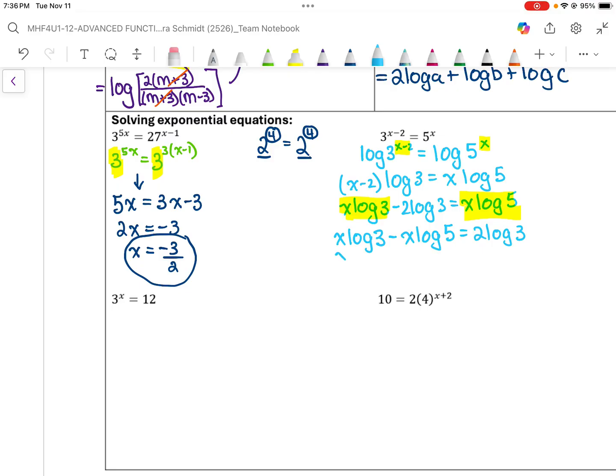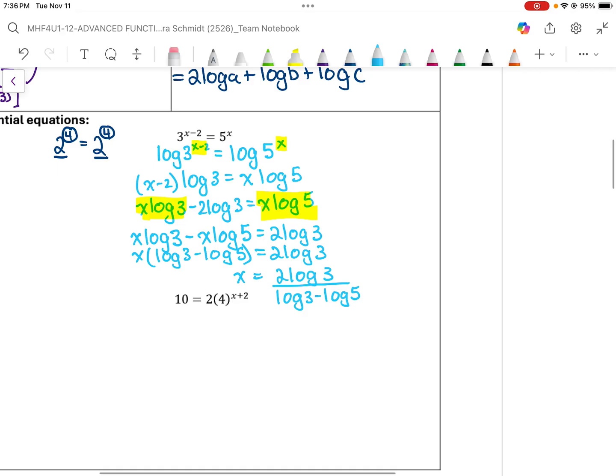Now I'm going to factor out the x to make it log 3 minus log 5 equals 2 log 3. And now I can divide both sides by log 3 minus log 5, making it 2 log 3 divided by log 3 minus log 5.